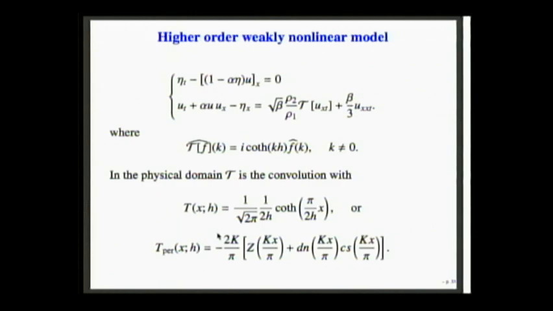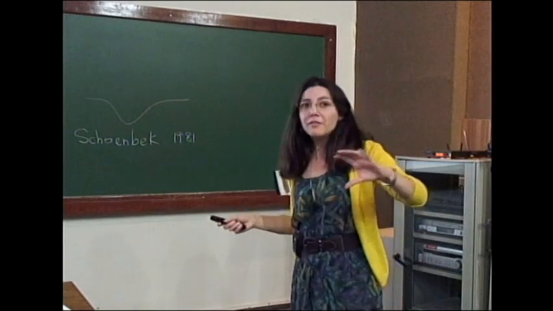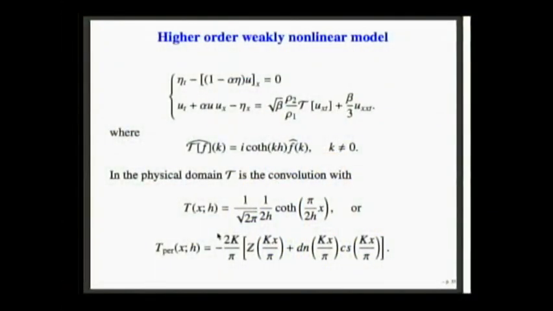For this higher order nonlinear model, weakly nonlinear model, again, we have our operator, non-local operator, just to show its phase in the physical domain. It is a convolution. When we have an infinite strip, this is the convolution with the hyperbolic cotangent. By the periodization formula, when we are in the periodic domain, it gets worse.